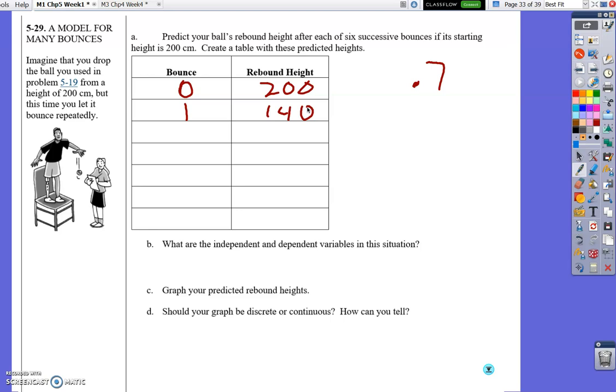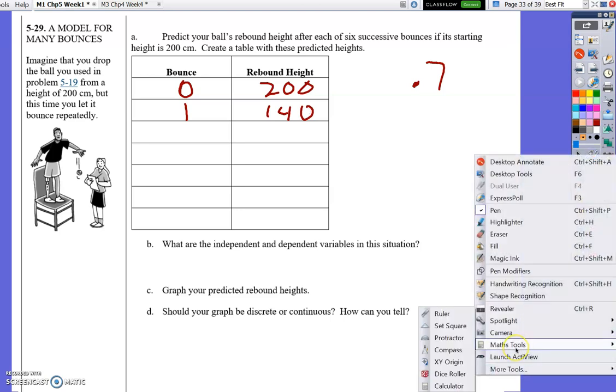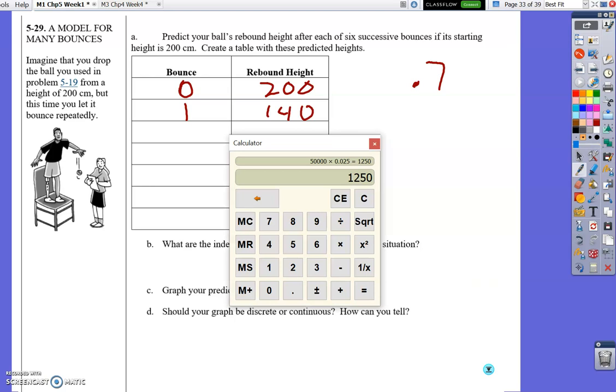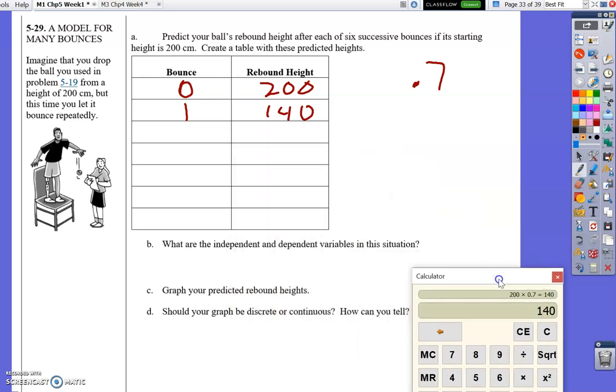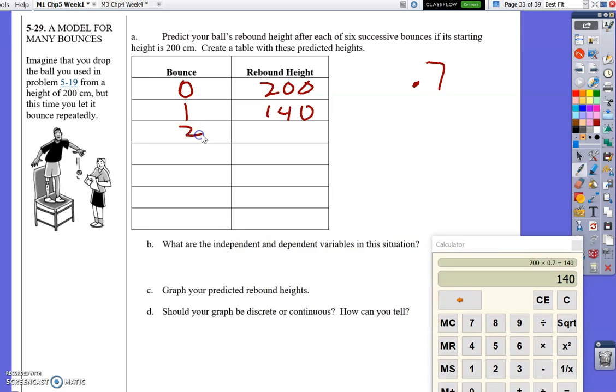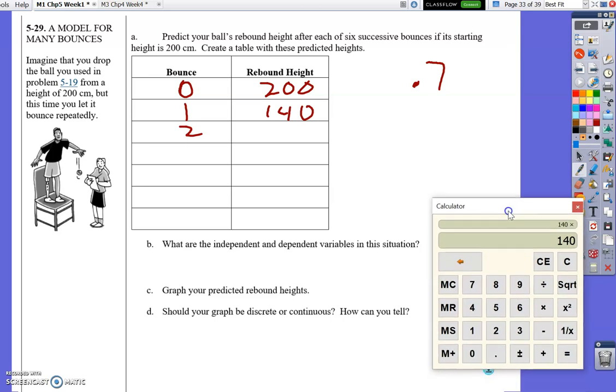Let me just double check that math. 200 times 0.7. Yep, 140. Keep this calculator here in case I need it again. Then for bounce 2, we times 140 by 0.7, and now we get 98. By the way, this is why I chose to use the 70 instead of the 72. It makes for easier math. We're going to times that number by 0.7.